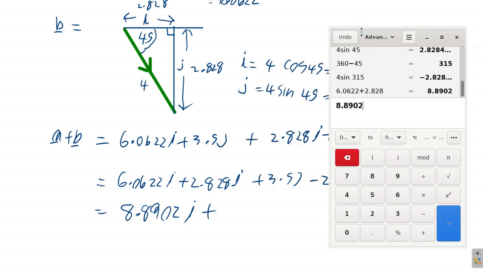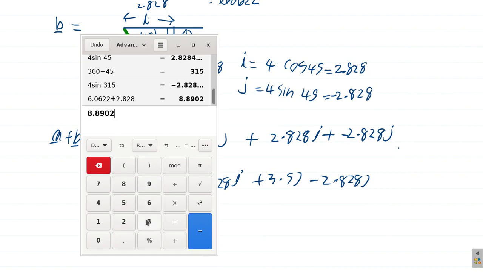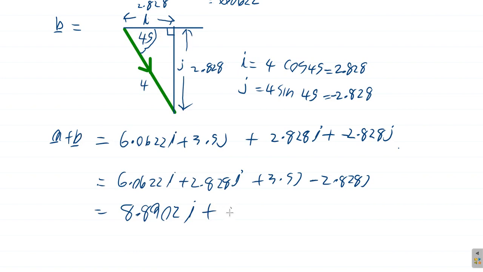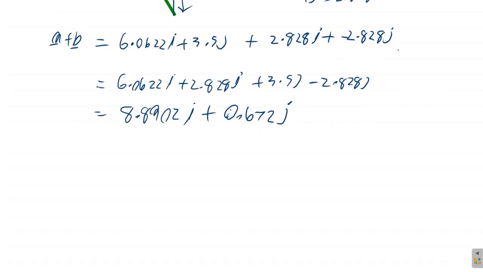Plus then we're going to have the j's. So we have 3.5j minus 2.828j equals 0.672j. So that is the resultant.